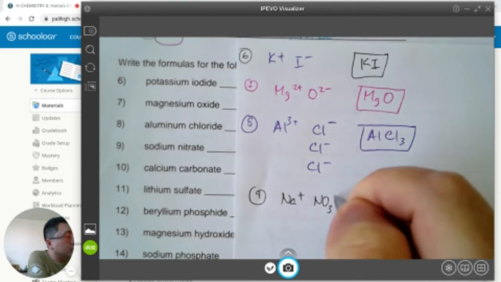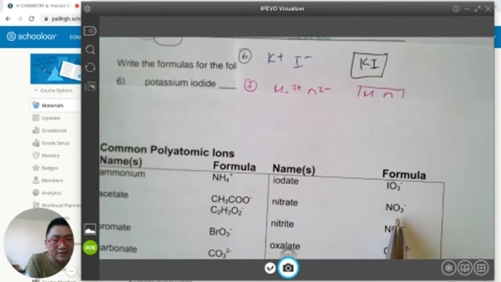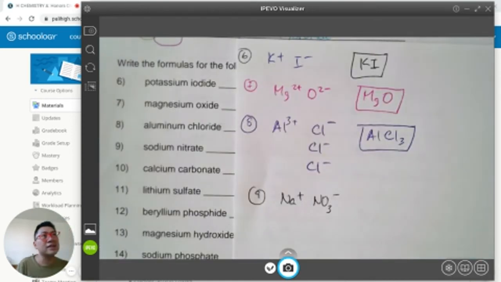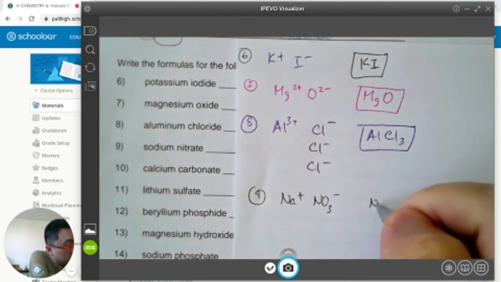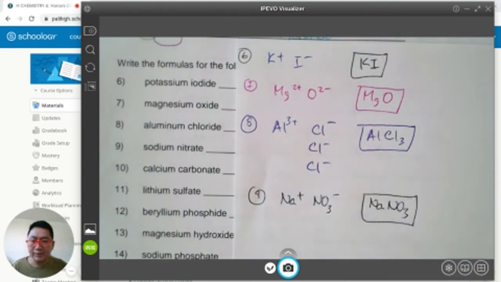Wait, it should be NO3-. I think I looked up the wrong one. That's nitrite. Nitrite is NO2-. There's lots of similar ones. Nitrate is NO3-. +1, -1, does that add up to 0? Yes, it does. So it's just NaNO3, and we're done with question number 9.